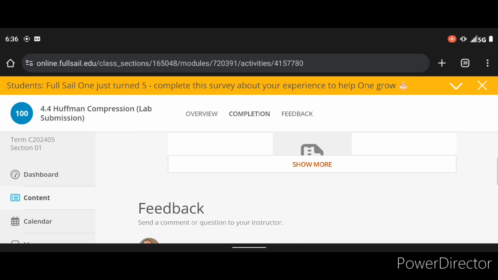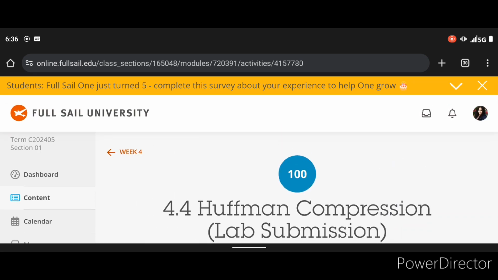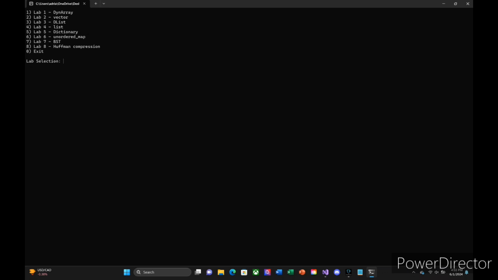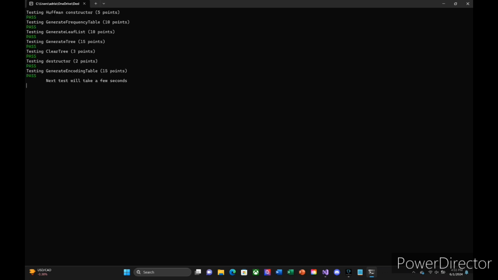And then the methods. In total, there were 9 methods. There was the Huffman constructor, generate frequency table, generate leaf list, generate tree, clear tree, destructor, generate encoding table, compress, and decompress. In particular, I had a lot of issues with the compress and decompress methods.